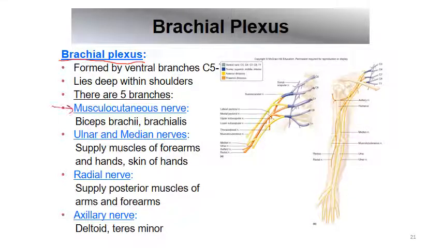Musculocutaneous nerve, know what muscles it controls, biceps brachii, brachialis. Know for the ulnar and median, this is for the forearms, hands. Radial nerve goes to the posterior side of the muscles of the arms, so both the arm and the forearm. And the axillary nerve stays in the shoulder, deltoid into the teres minor.